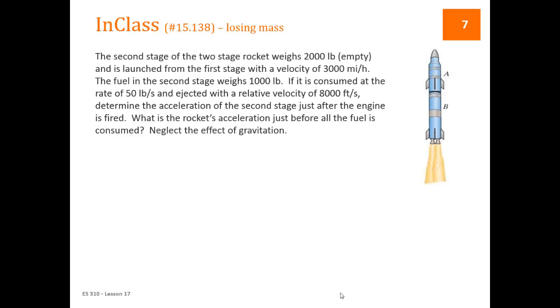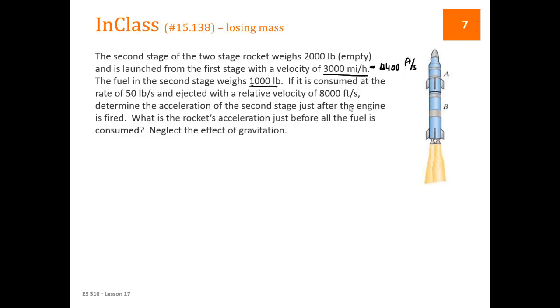In our final example, we're going to look at a rocket, which is our typical example for a system that is losing mass. In this rocket system, we're looking at stage 2 of the rocket, which is part A here. We're told that it weighs 2,000 pounds when it's empty, and it has 1,000 pounds of fuel in it initially, which then gets spent. It's launched from the first stage with a velocity of 3,000 miles per hour, which translates to 4,400 feet per second.